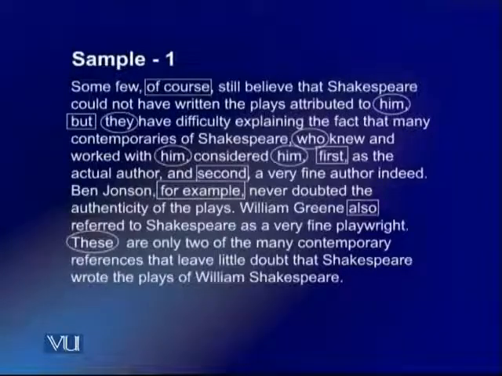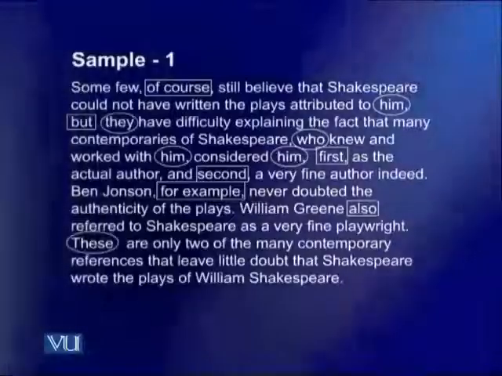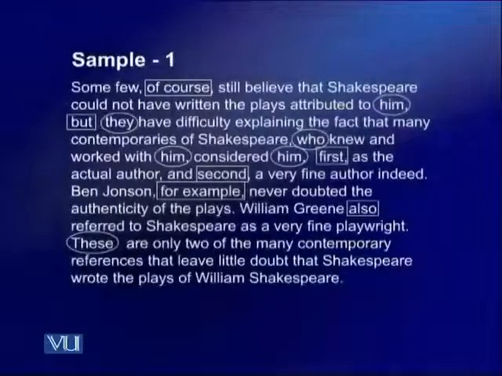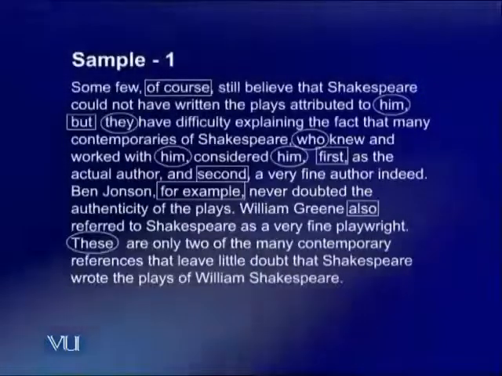The words of course illustrate, or let us say confirm, that some believe that Shakespeare couldn't have written those plays. The second connective is but, and it is a connective showing contrast.